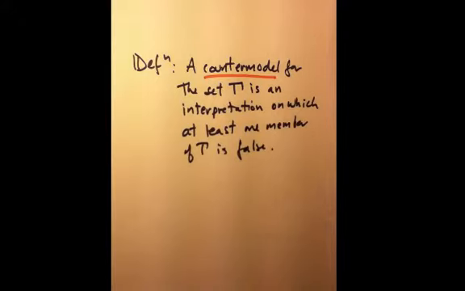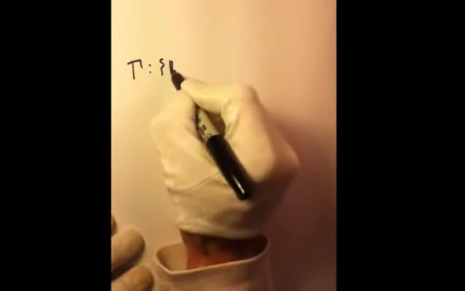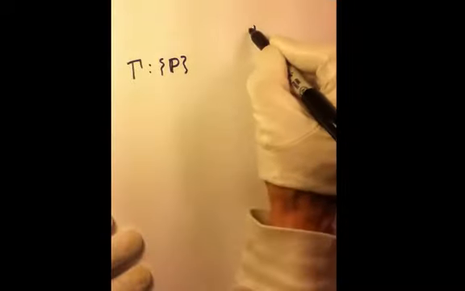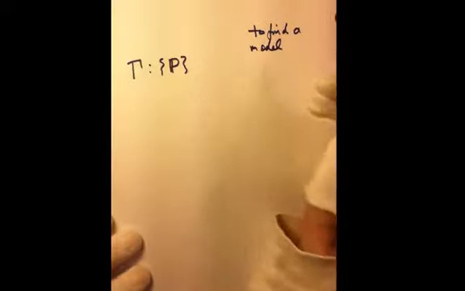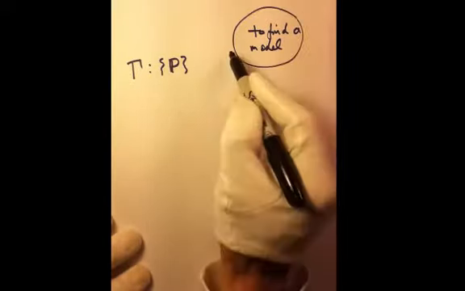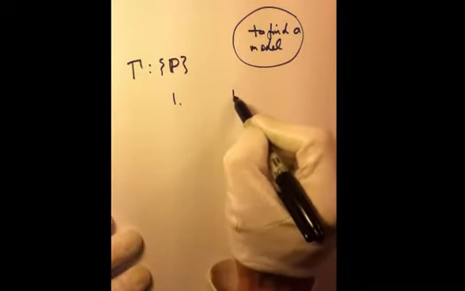In practice, the way to search for a model and a counter model when we're looking at just one sentence or a set with just one member in it is as follows. To look for a model of the set gamma, where the set gamma just contains one sentence, to find a model, we simply begin a tree with the sentence P as our set member.